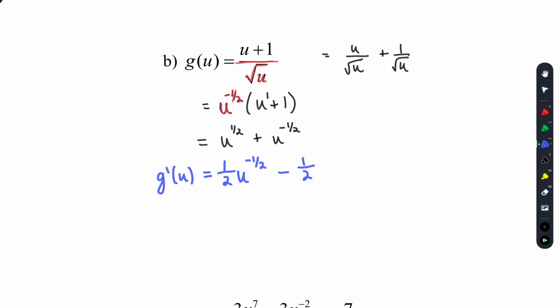Bring it down, subtract 1. Okay. Bring it down, subtract 1. And then you're going to make it cute with the negative exponents out of there. Always got to keep her cute. So 1 over 2, if you want to write root u, I guess. It doesn't matter. I really don't care.